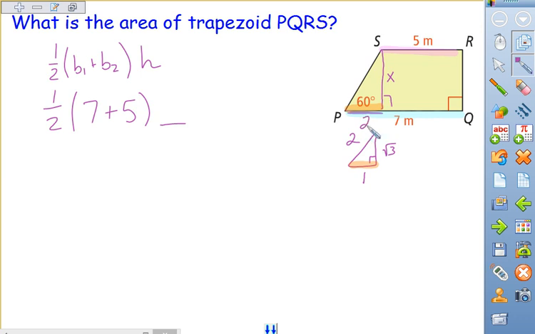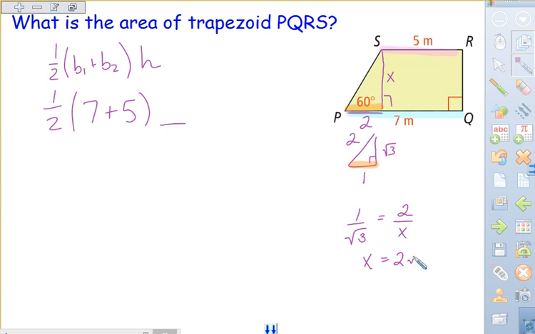So I'm going to label that 2. So our ratio is 1 to square root of 3, so short leg to long leg equals short leg to long leg. So that longer leg is 2 roots of 3, and that's what our height is.